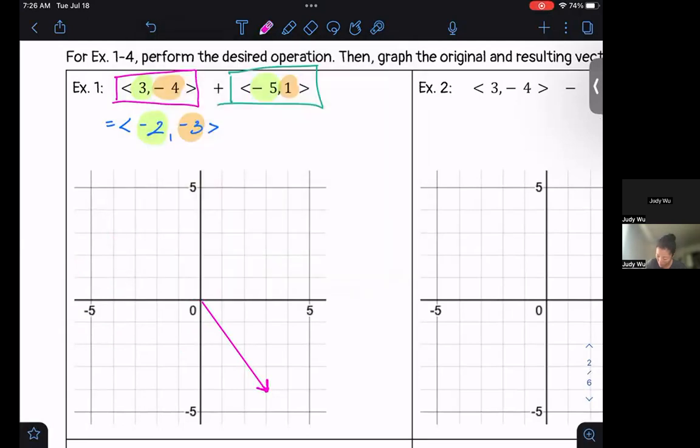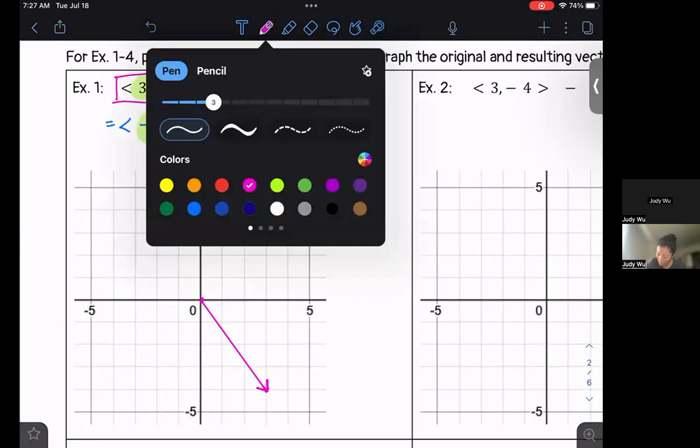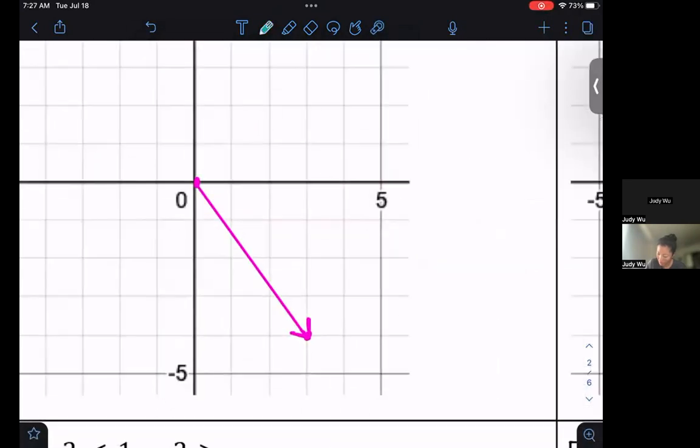And so what I mean by that is from here, I'm going to count 5 to the left and 1 up. So 1, 2, 3, 4, 5, 1. And now I'm going to connect those with a nice straight line. There's the magnitude of my vector. And here, that arrowhead shows me the direction.